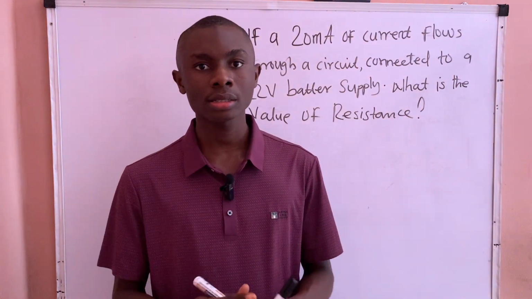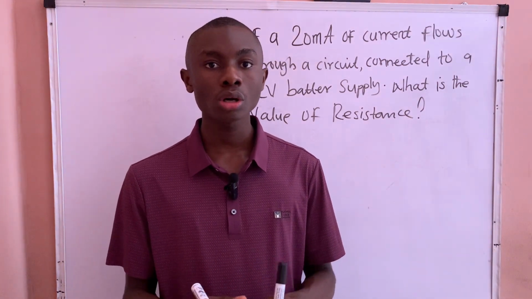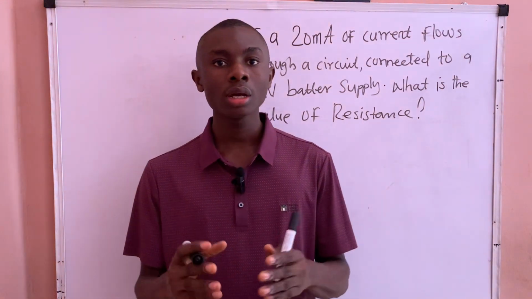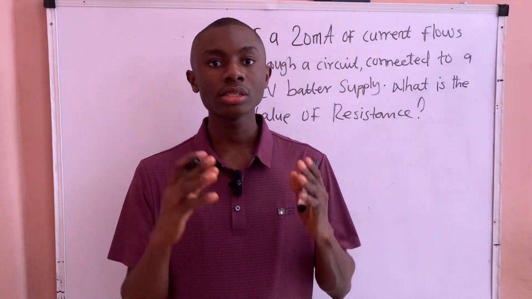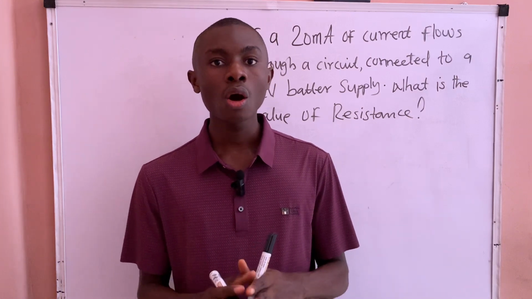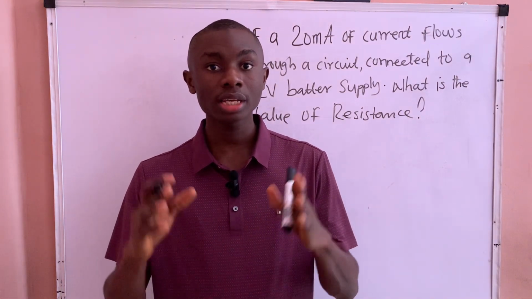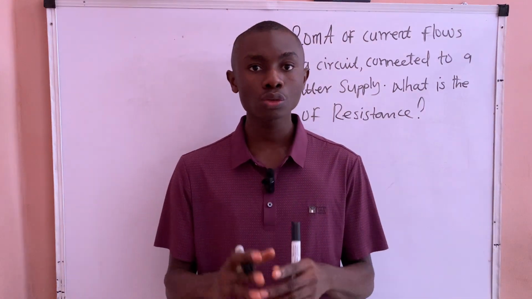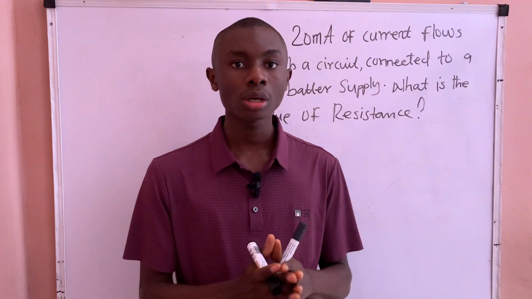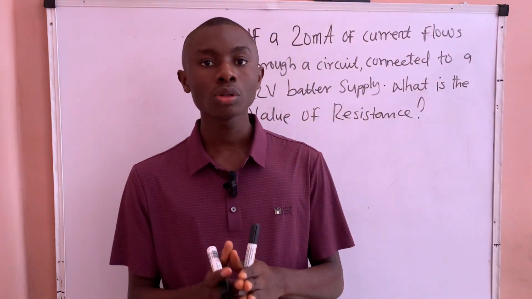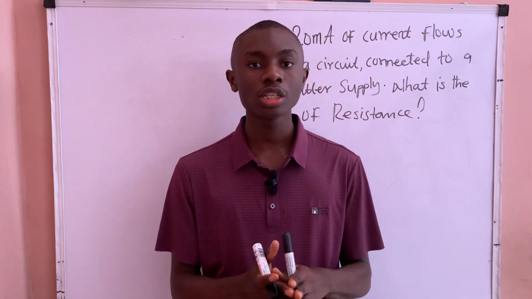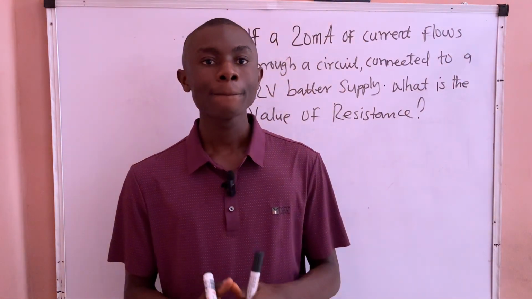Remember that resistance is measured in ohms. So if you were solving a problem involving resistance, and you finally got the answer of the resistance of the circuit, you must put the SI unit, which is ohms. The same thing is applicable to current, which is in amperes, and voltage, which is measured in volts.